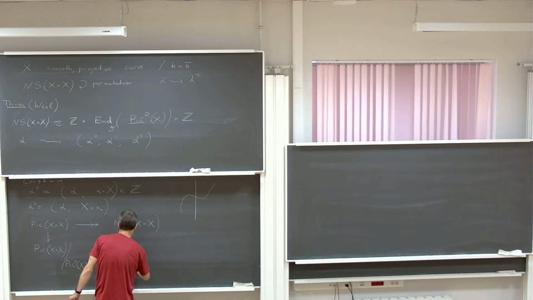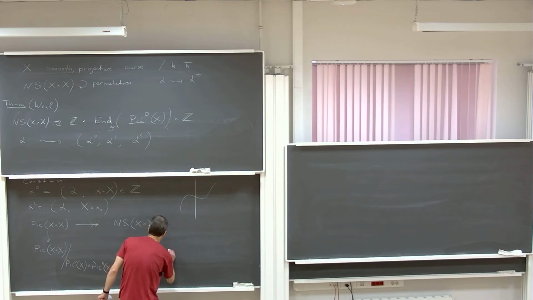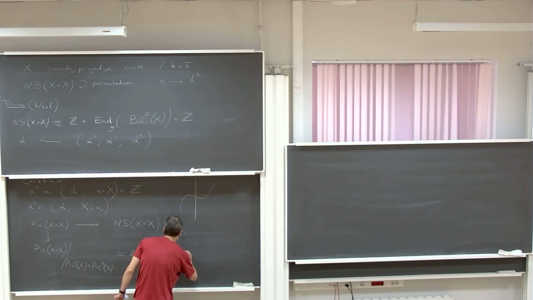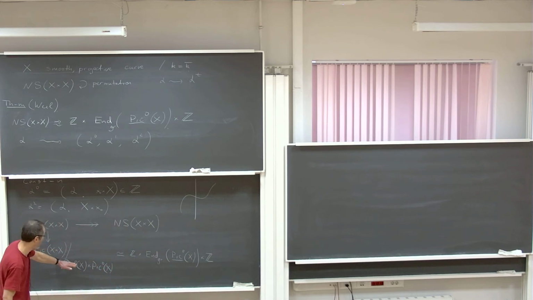we identified it with Z times group endomorphisms of the Jacobian of Pic^0 of this scheme, times Z. This is the equality, and it follows.